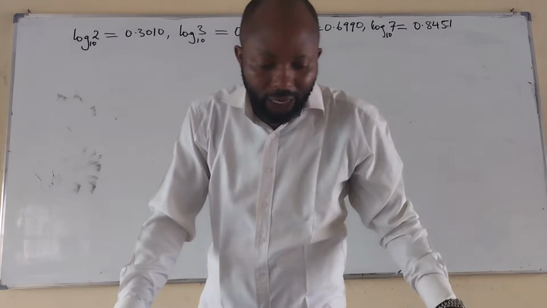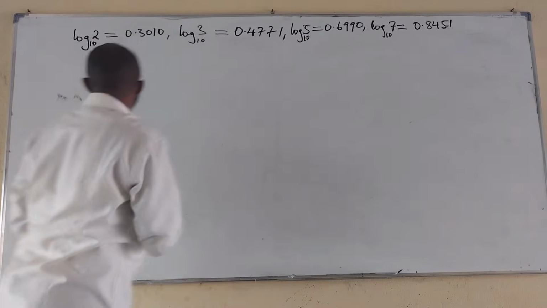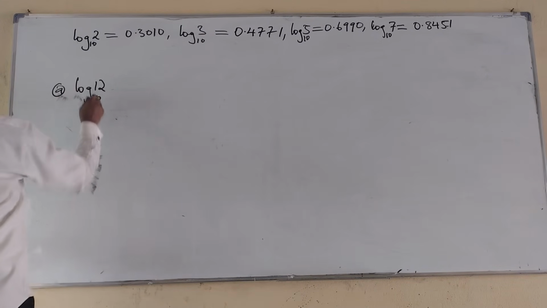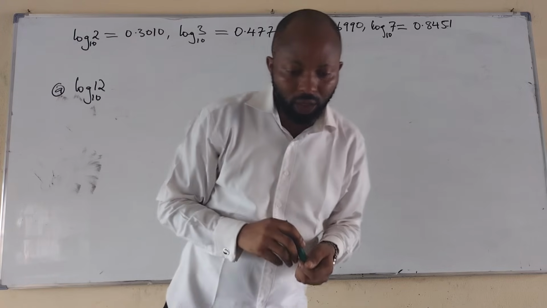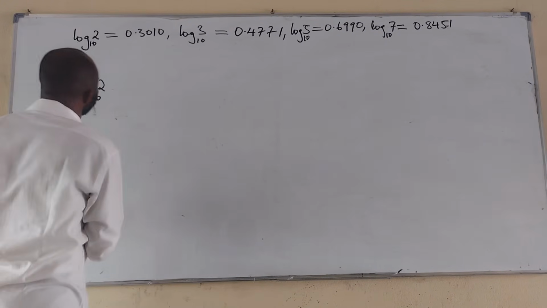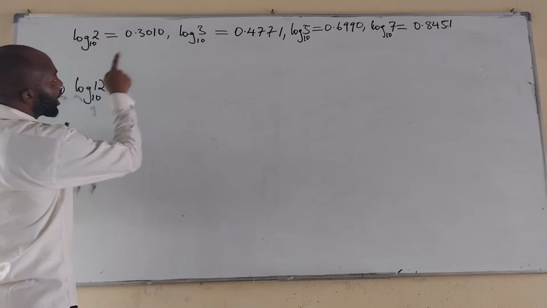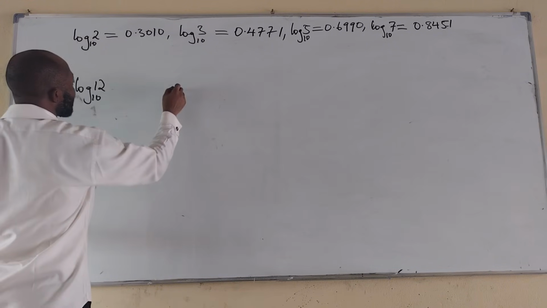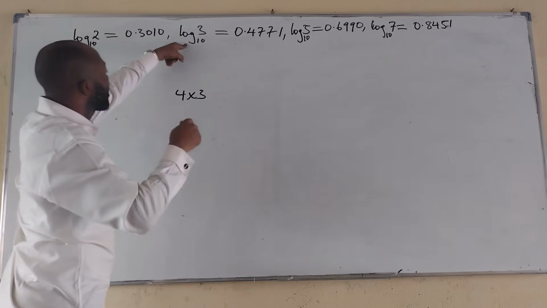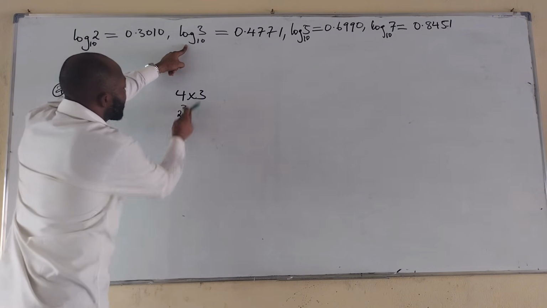Having been given that, evaluate the following without using tables. Number 1: log 12 in base 10. 12 can be written as 4 times 3, but I don't have 4, so 4 becomes 2 raised to the power 2, where 2 multiplies the power.